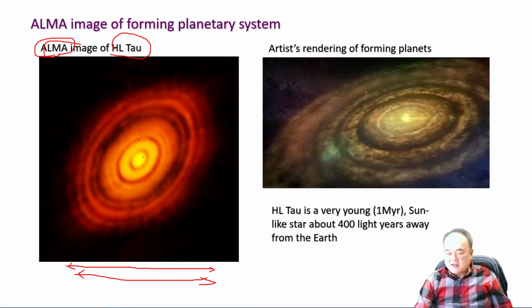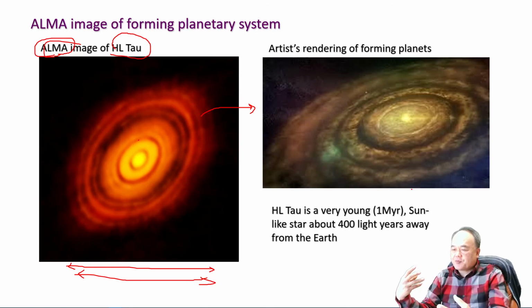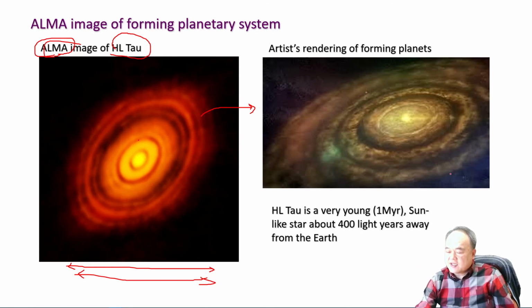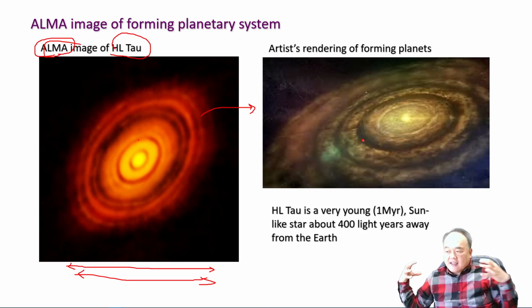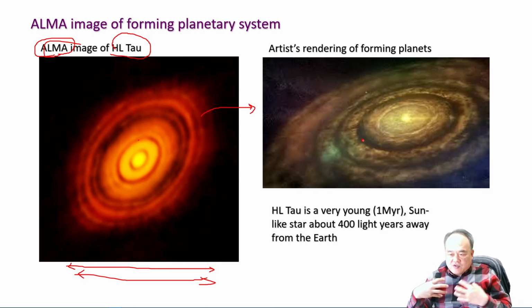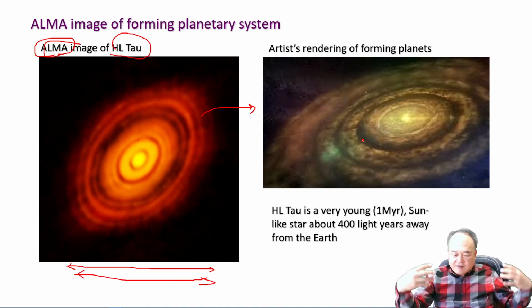And this cavity can be explained and interpreted in such a way, like in this artist illustration of a forming planetary system: if massive planets are forming, a forming planet situated in the middle of the planetary disk accretes material from the surrounding area around its orbit.